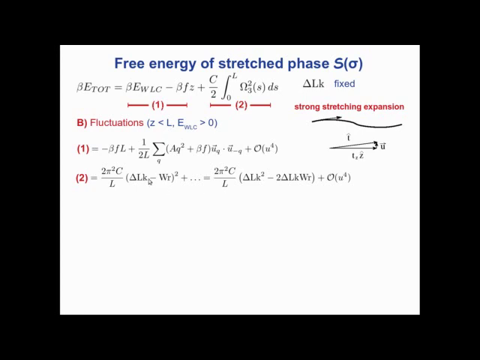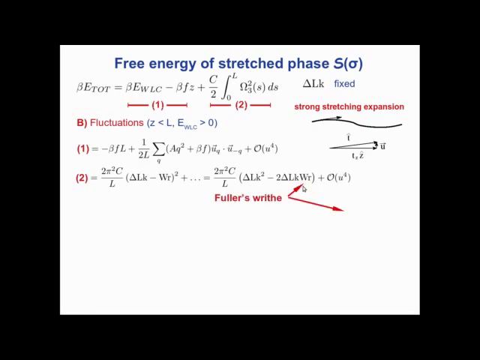Because we are interested in the lowest order, and this is a strong stretching expansion, when I square this quantity between parentheses, I get delta Lk squared, and then minus 2 Lk times writhe. But because the term writhe squared is higher order, I neglect it.